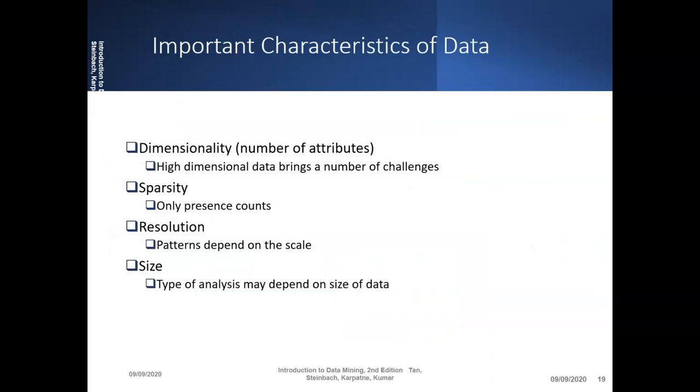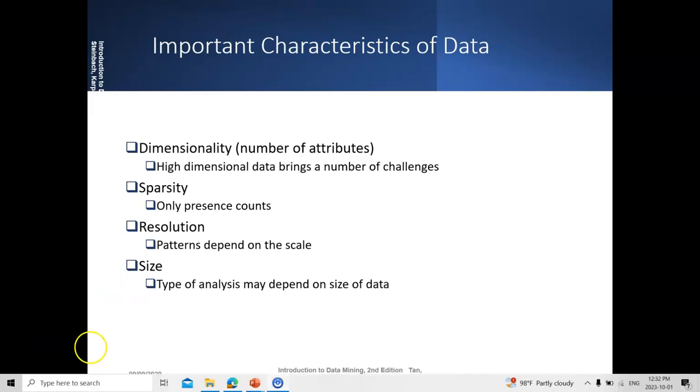So the important characteristics of the data are dimensionality, the number of attributes, meaning how many columns it has. The more attributes, the less accurate the prediction would be.